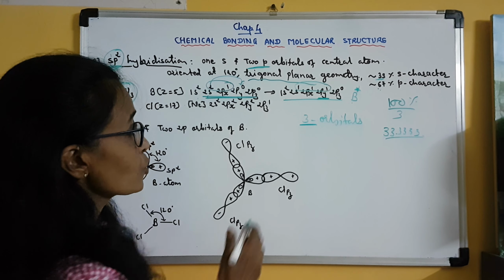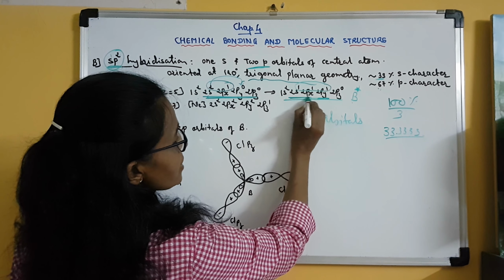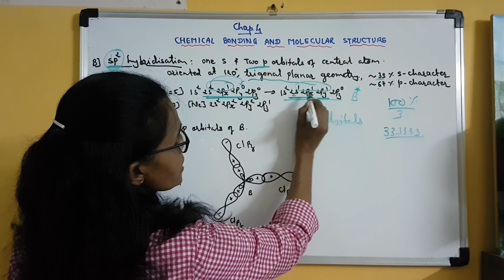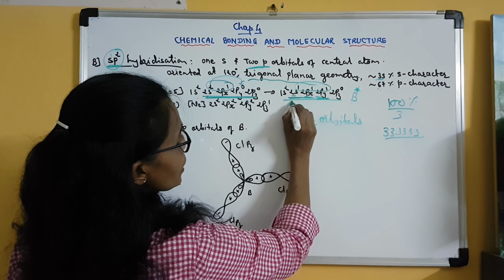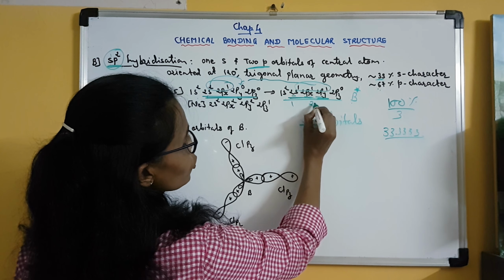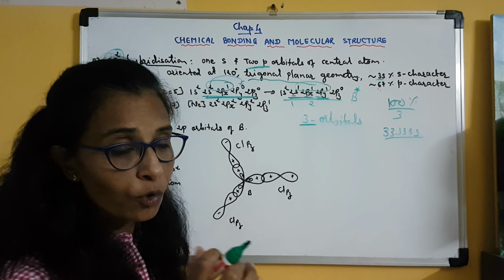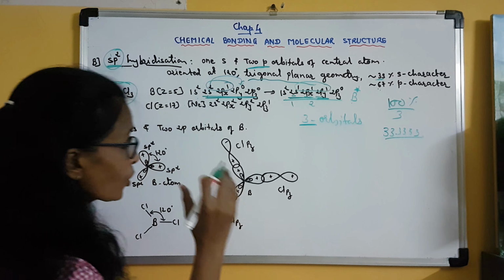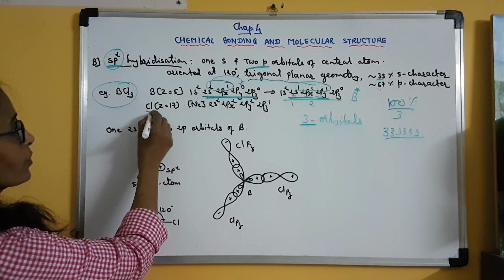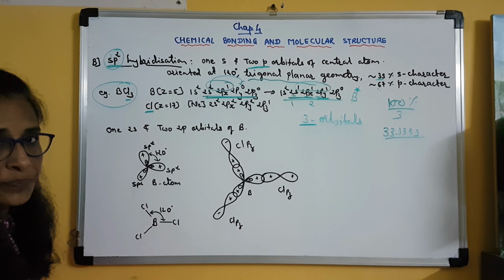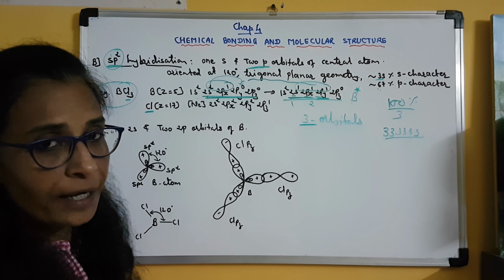Is it clear? So now these 3 orbitals, this 2s and 2px, 2py, means one s orbital and 2 p orbitals, so total 3 orbitals will undergo hybridization before boron forms bonds with 3 chlorine atoms. Clear? So here boron is the central atom.